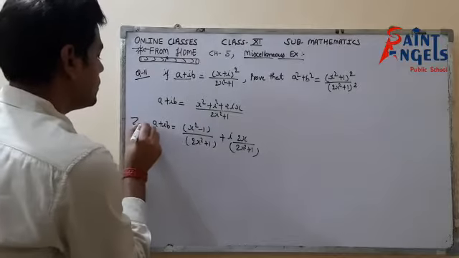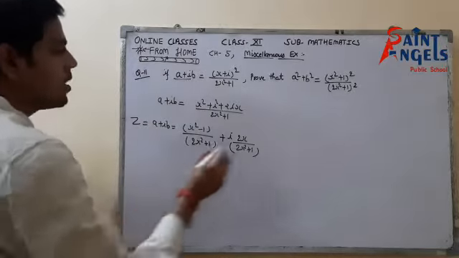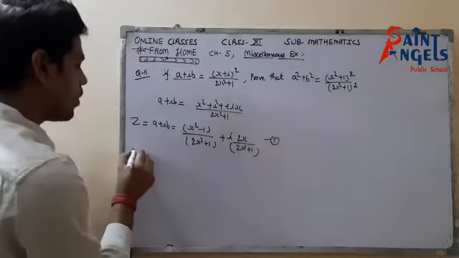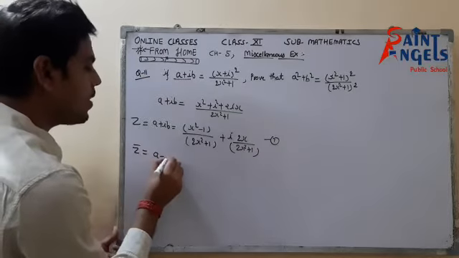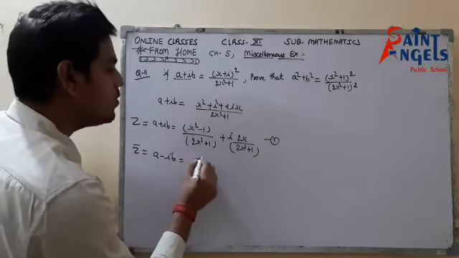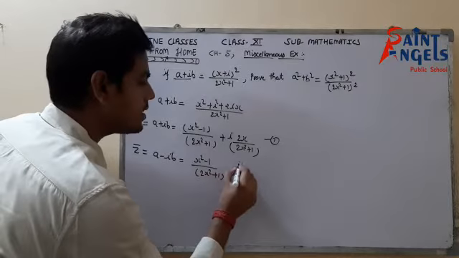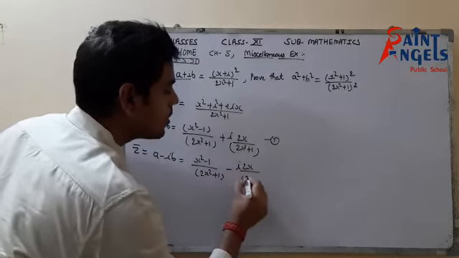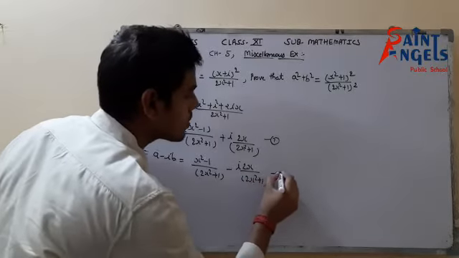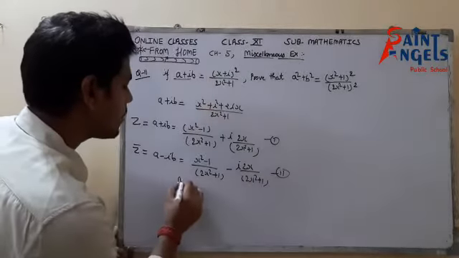Suppose this is z, equation number first. Now the conjugate of z means a minus iota b, that would be (x square minus 1) upon (2x square plus 1) minus iota 2x upon (2x square plus 1). This is equation number second. Now multiply first and second.